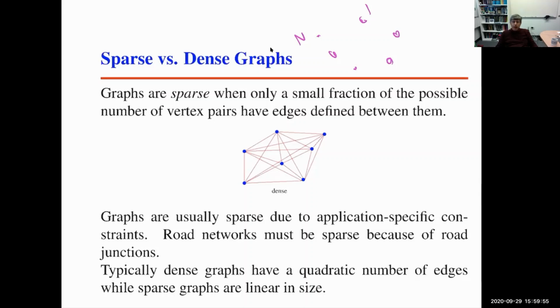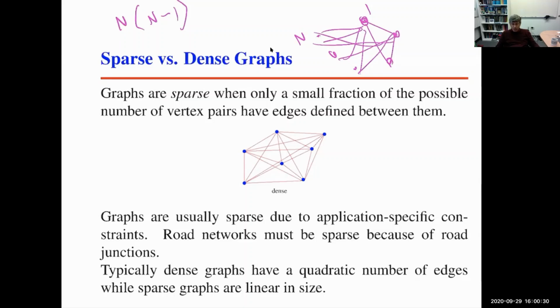I'm seeing n factorial. N factorial is a big number. I'm seeing that vertex 1 can be connected to n minus 1 other ones. Does everybody see that? And vertex 2 can be connected to, if it's going to be simple, n minus 1 other ones. Each of n vertices can be connected to n minus 1 other vertices.